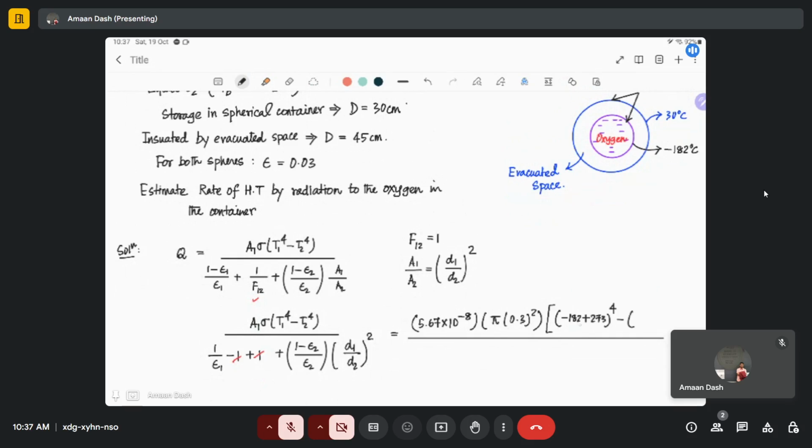So this will be less than this. But that is okay. We can take the negative value of whatever will be coming. So that is not a problem. So 30 plus 273 to the power of 4.